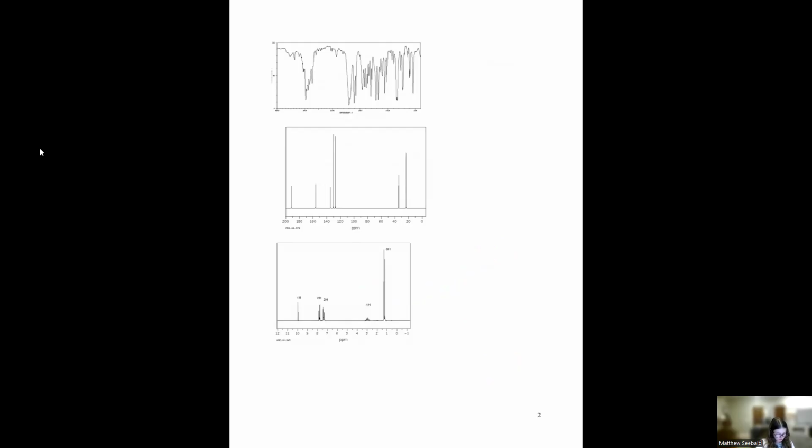Moving on to the IR graph. An IR graph can help identify functional groups, especially functional groups that contain oxygen. Let's focus in around 1700. Around 1700, we see a peak that is consistent with a carbonyl.